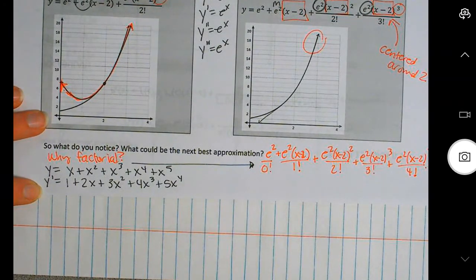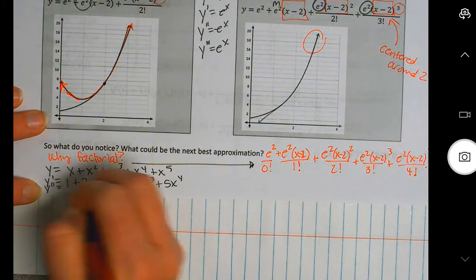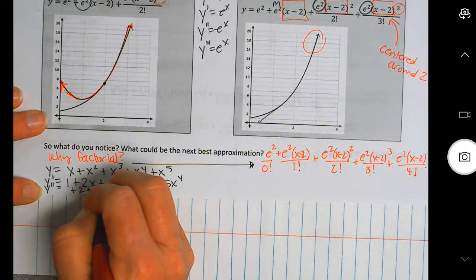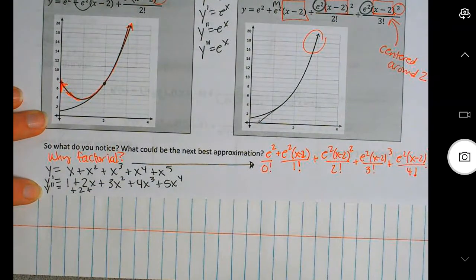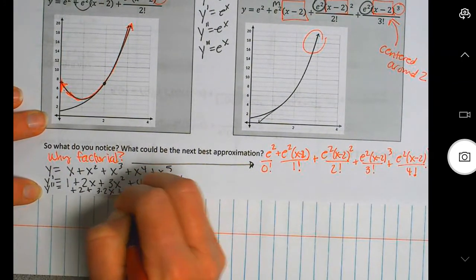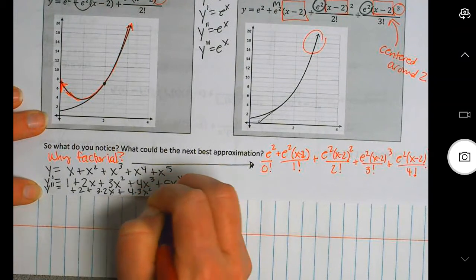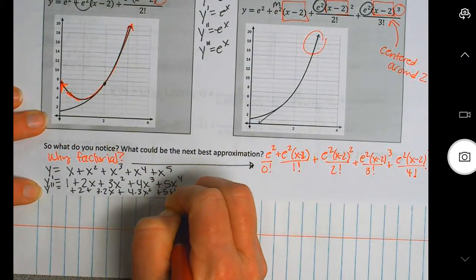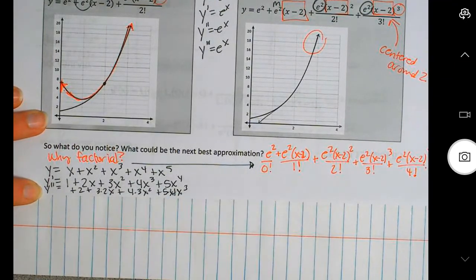Yeah, but then the next one, so y double prime is going to be 0, and then 2 plus, and then this one's going to be 3 times 2, right? Yeah. 3 times 2, so that's 6. I'm going to write 3 times 2x plus 4 times 3x squared plus 5 times 4x cubed. Do you see the pattern yet?